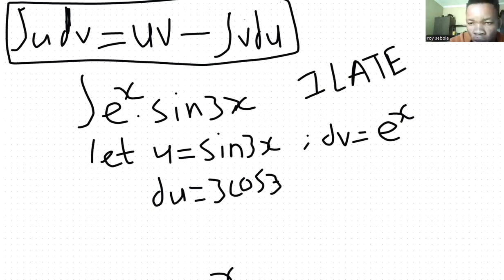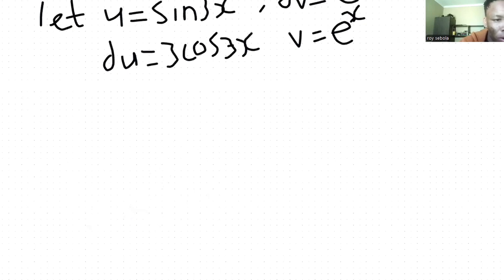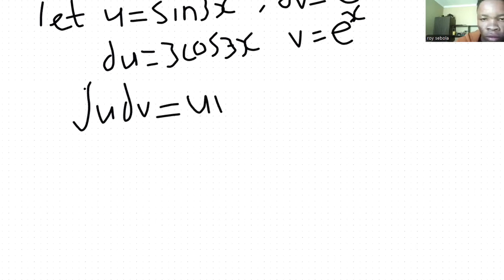Now that we have everything we need in our formula, we can simply substitute. The formula says the integral of u dv is equal to uv minus the integral of v du.